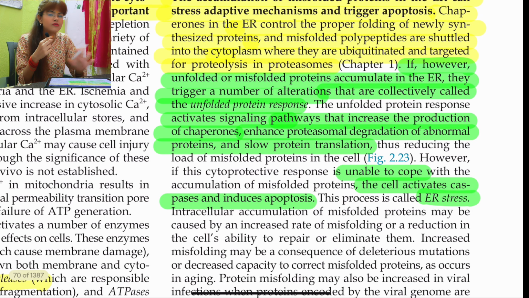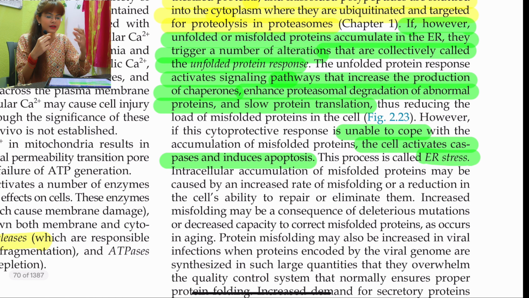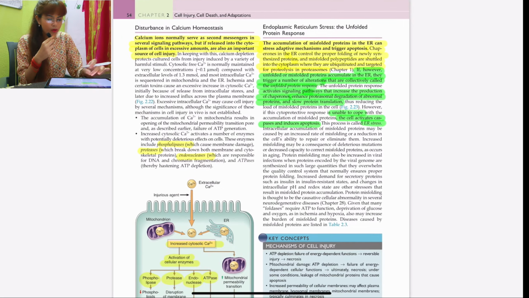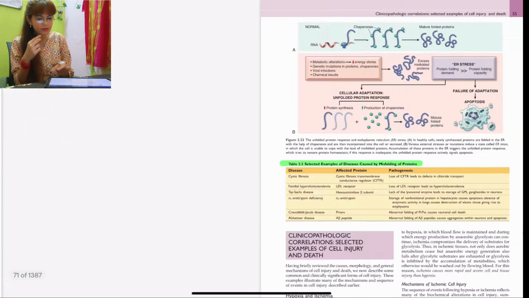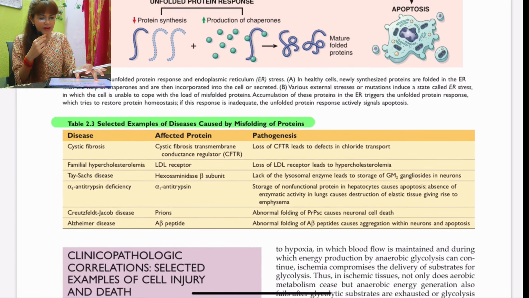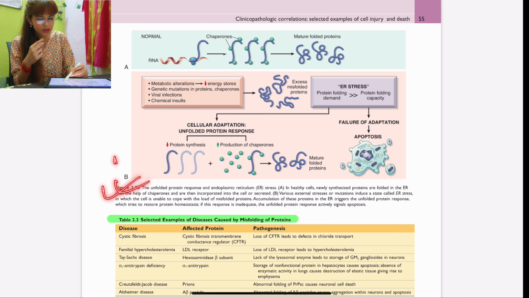But again, if all of these mechanisms are not able to take care of the situation, and the cell is unable to cope with that, then ultimately there's going to be activation of the mechanism of apoptosis. So apoptosis is the highest form which comes into play when nothing can actually take care of the cell. This is very important; whatever I've explained is only given here.